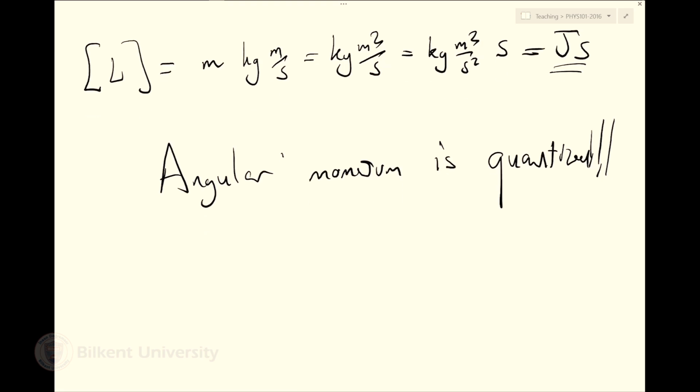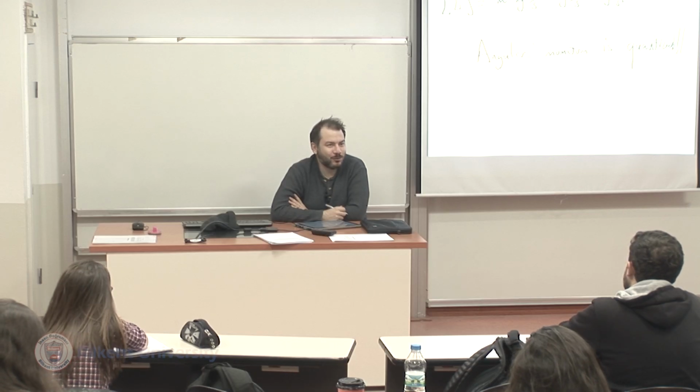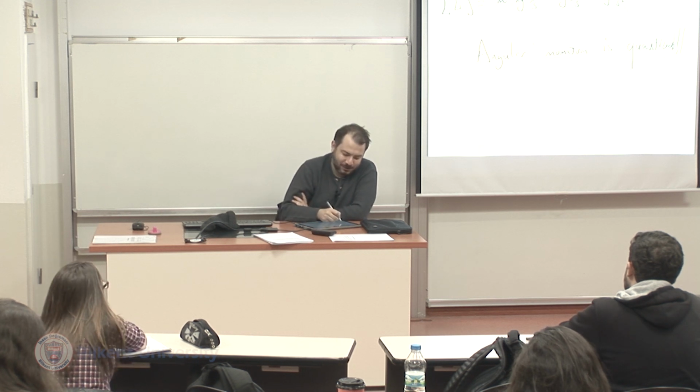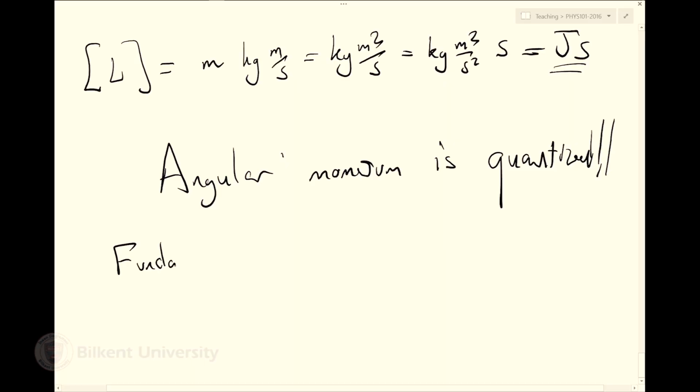But it turns out when two objects interact with each other, they can exchange angular momentum only in units of a fundamental constant, which we call Planck's constant. Planck's constant is h, but h over 2 pi is the angular momentum unit that's actually used. It's called h bar.